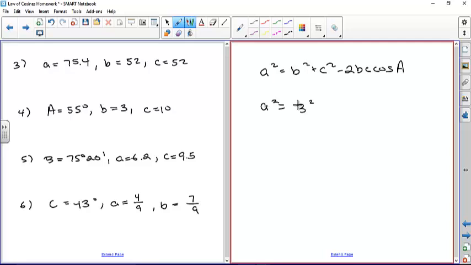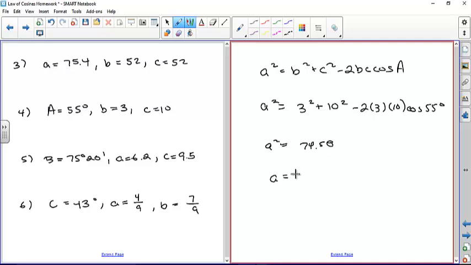So you get 3 squared plus 10 squared minus 2 times 3 times 10 times the cosine of 55 degrees. So a squared, and then we'll take the square root. So we get 9 plus 100 minus 2 times 3 times 10 times the cosine of 55. So that is 74.58.